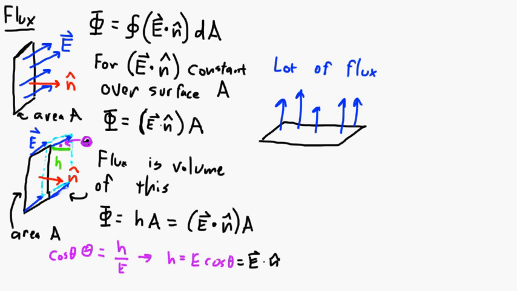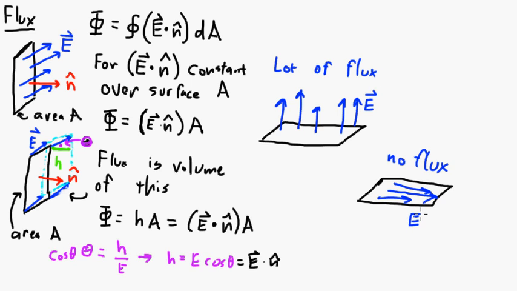On the other hand, you have, say, a sheet like this, and say your field is all going this way, you know, it's all parallel to the sheet, then you're going to have no flux. And that's sort of the idea, and you can see here how this dot product works. Let me make it clear again, these blue vectors are the electric field. I'm trying to consistently use blue for electric field so that you can keep these consistent.